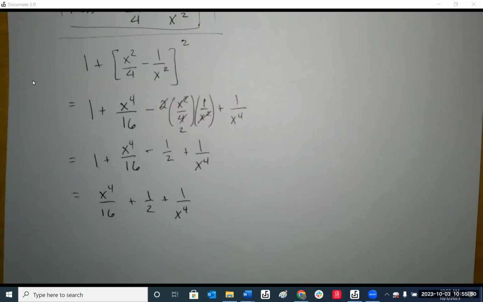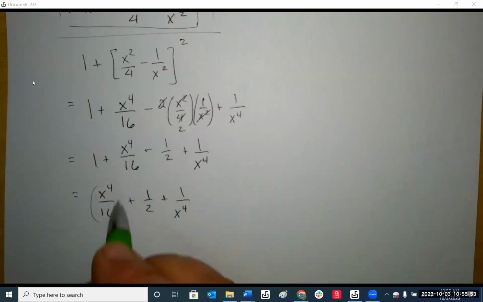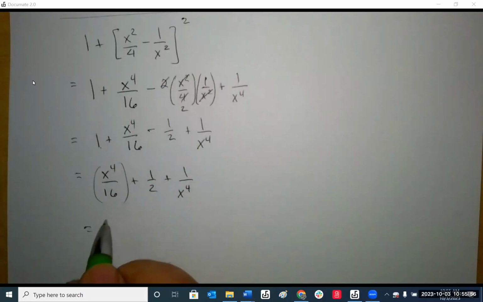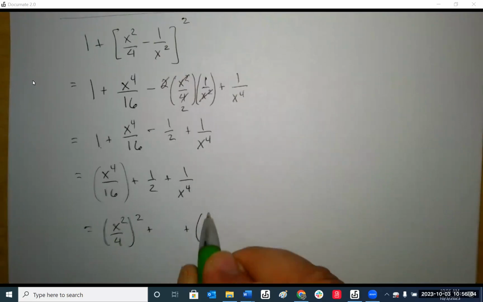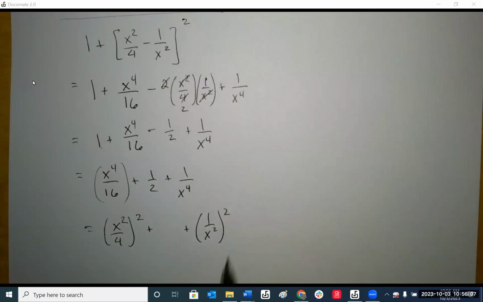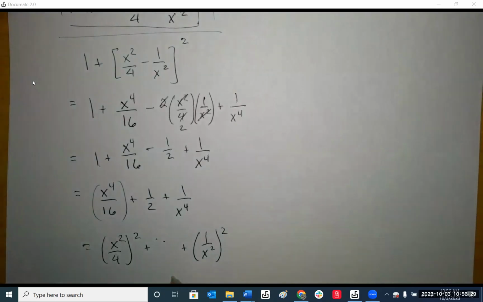Yes. Because if you look at this term, it is x squared over 4 squared. This term, 1 over x squared squared. And the middle part is 2 times this is 1/2. It's a perfect square, actually.